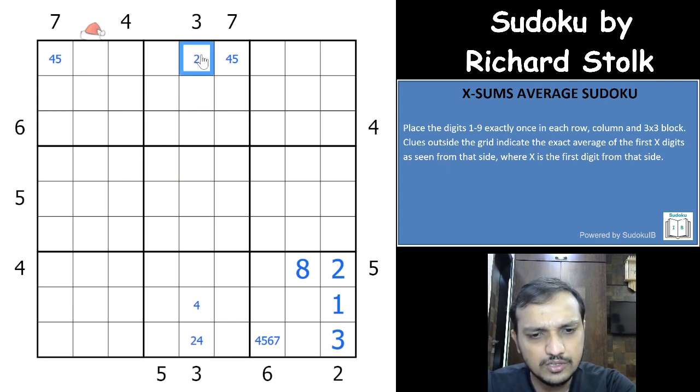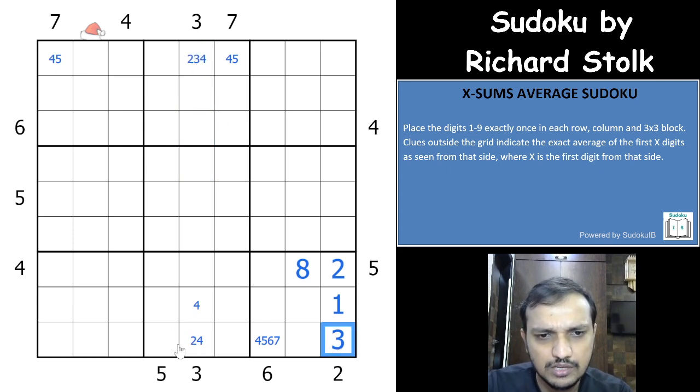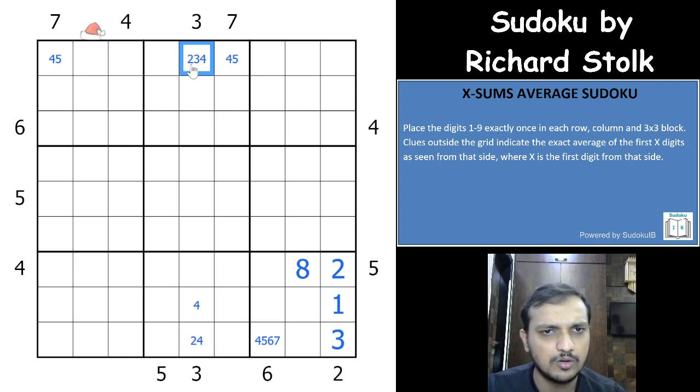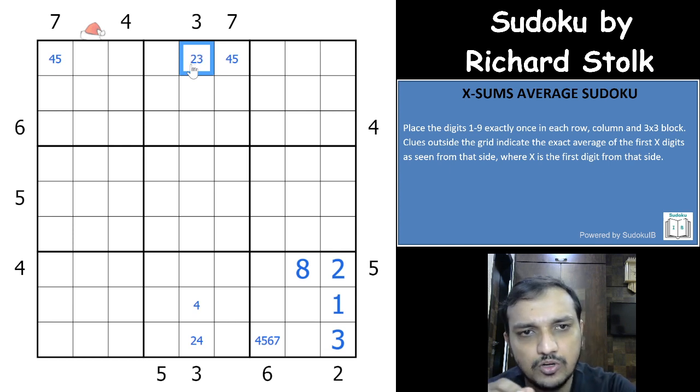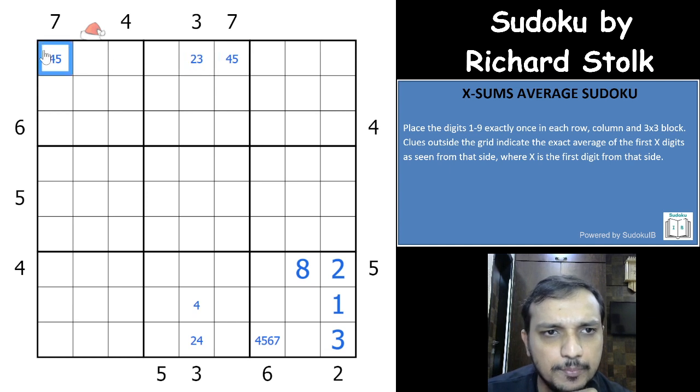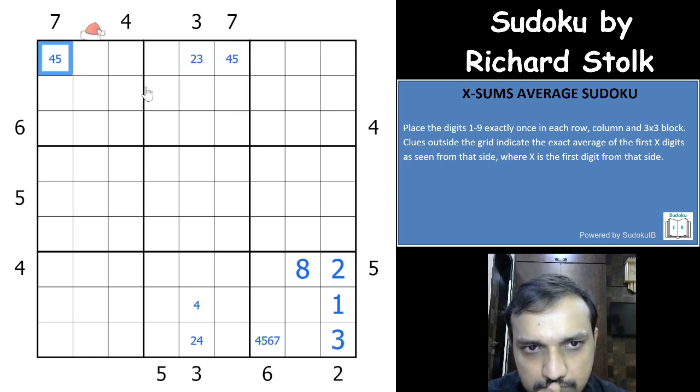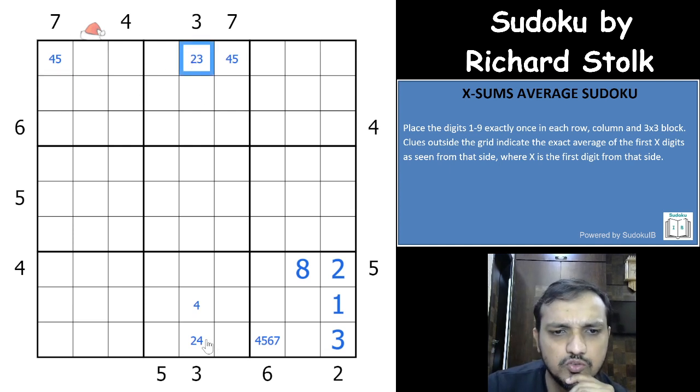Same way you can get here 2, 3 and 4. The 3 that we have written here cannot be eliminated here for now. Four is not possible because of our 4, 5 pair here. If you have a 2 here, this would be 4.